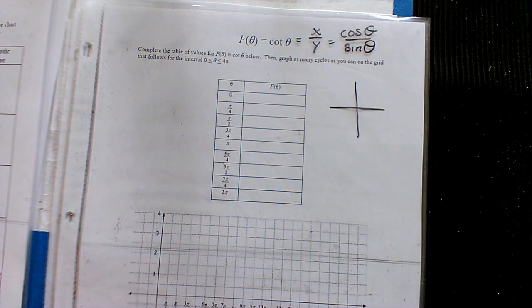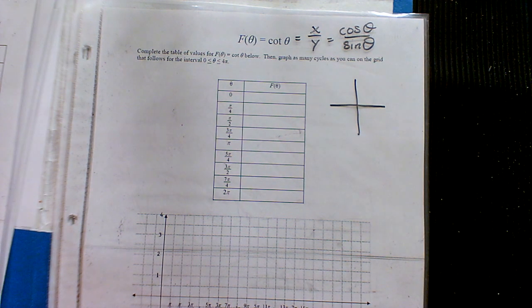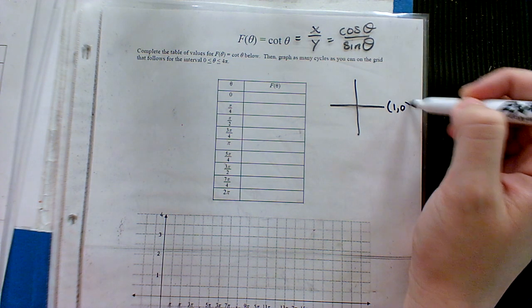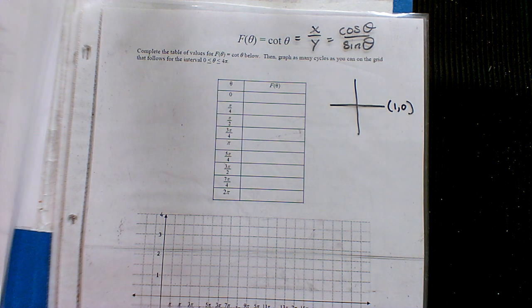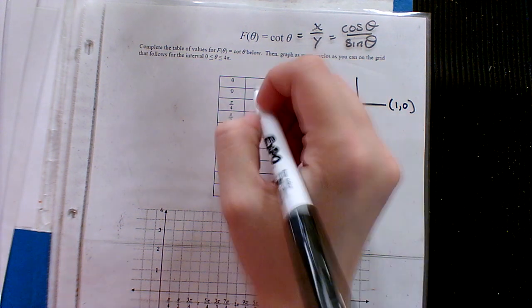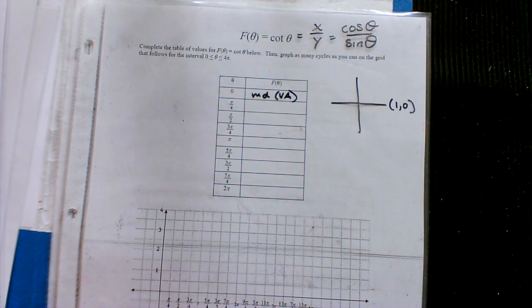Good. So when we talk about our ordered pairs, we want to take the x-coordinate divided by the y-coordinate. Our 0 coordinate at the very beginning on the right-hand side, we have (1, 0). If we did x divided by y, what would our cotangent answer be? Undefined. Most likely a vertical asymptote.